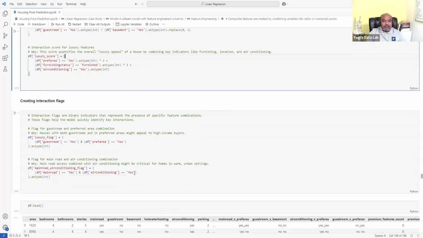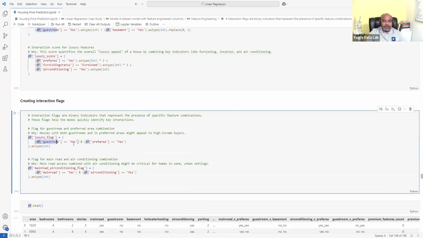Then I can go with some interaction variables again, where I say the luxury flag: if the guest room is yes and the preferred area is yes, then make that column a 1.